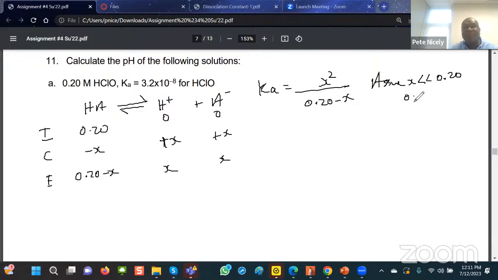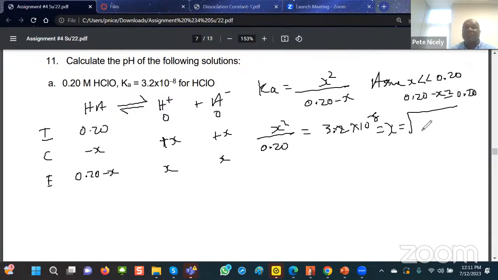That means that 0.20 minus x is approximately equal to 0.20. So that simplifies this equation to x squared over 0.20 equals Ka, which is 3.2 times 10 to the minus 8. So that means that x is equal to the square root of 0.20 times 3.2 times 10 to the minus 8.